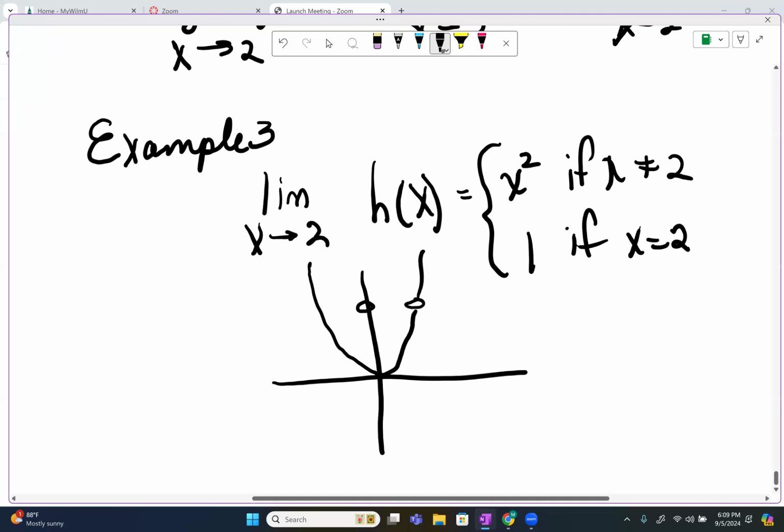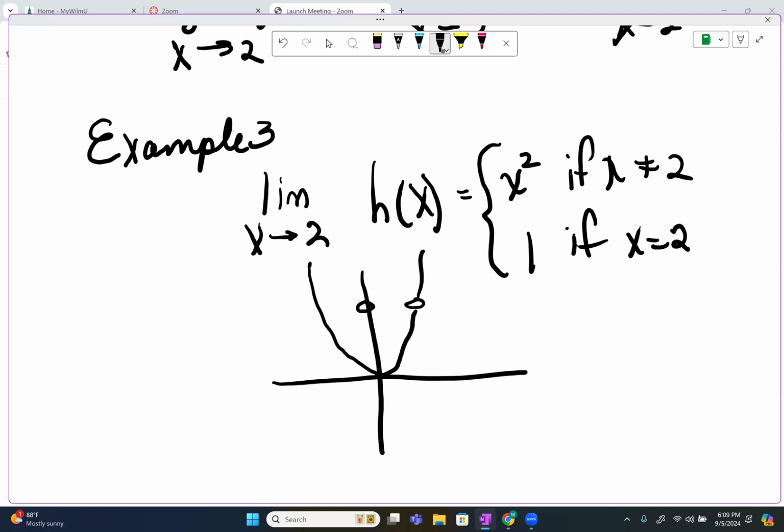So in this case, the limit of h of x is equal to 4 as x approaches 2, getting closer to 2 on both sides, right? But h of 2 is actually equal to 1.